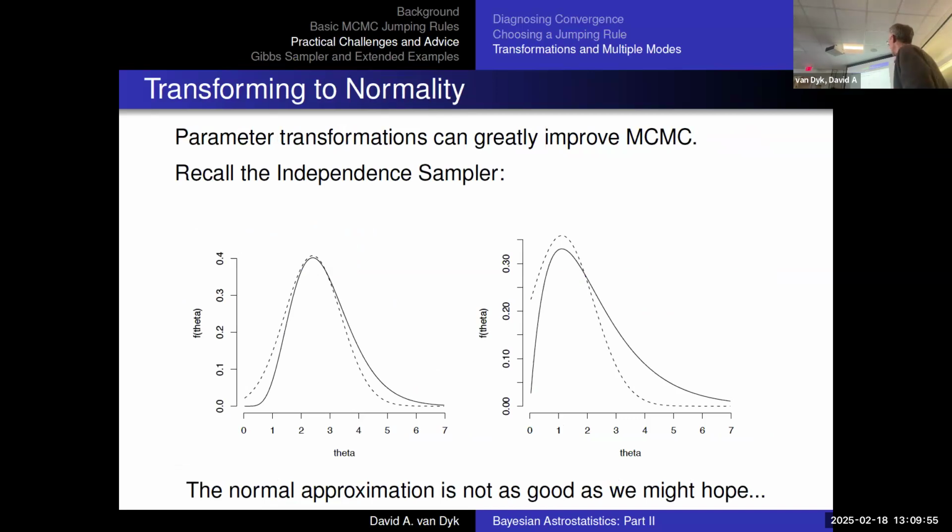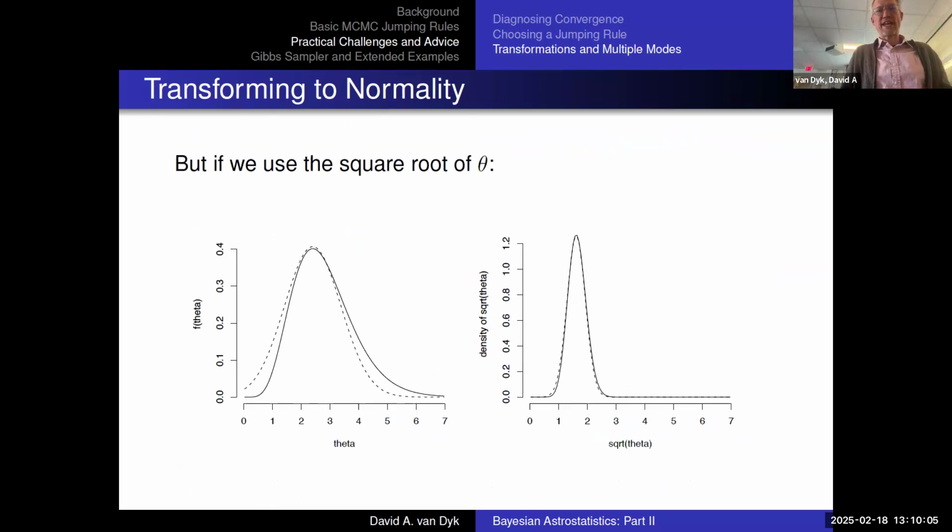Transforming to normality. So I showed you this a while ago when you're using a normal approximation to these skewed distributions that might not work very well. Then I mentioned these transformations. So in this particular case, if I take the square root, instead of using theta, I use phi equal to the square root of theta. This looks much nicer.